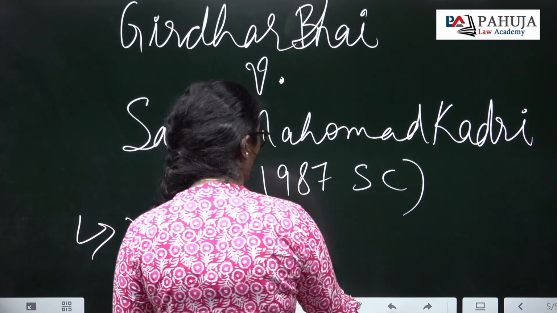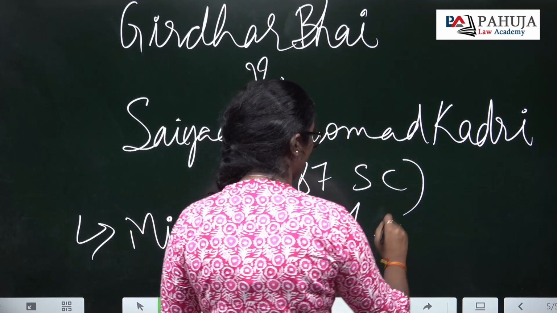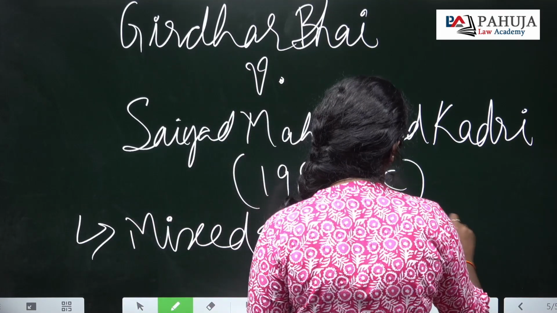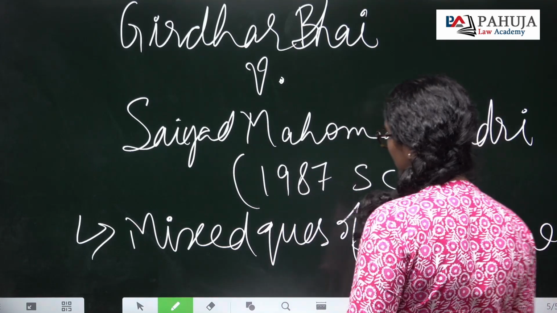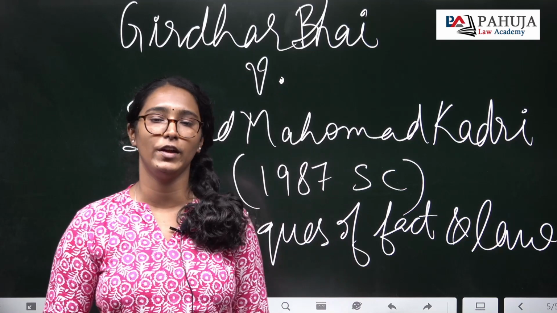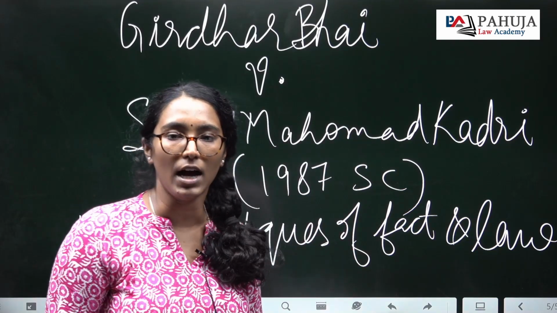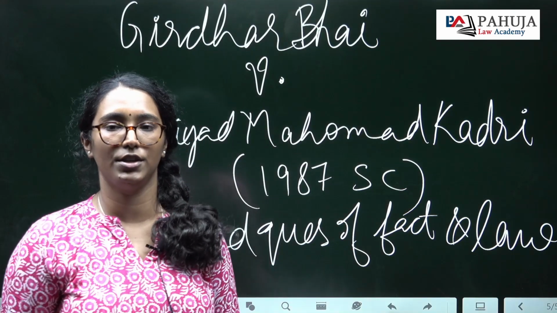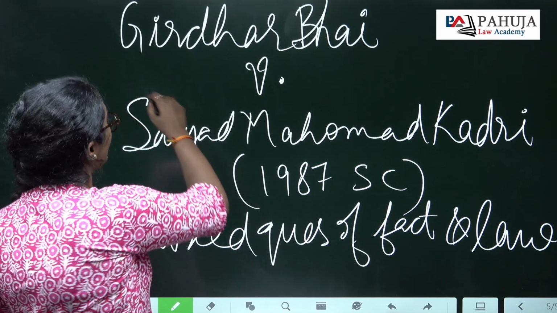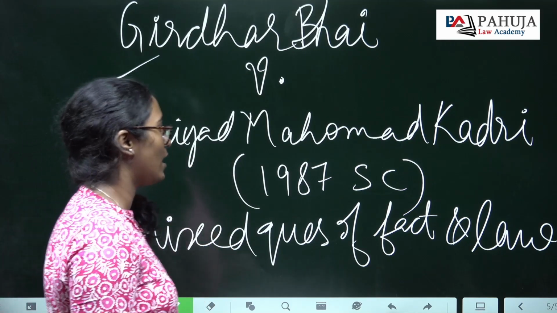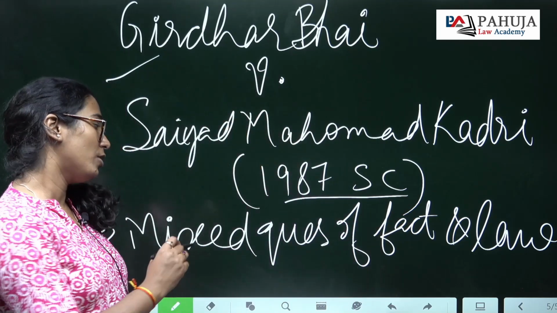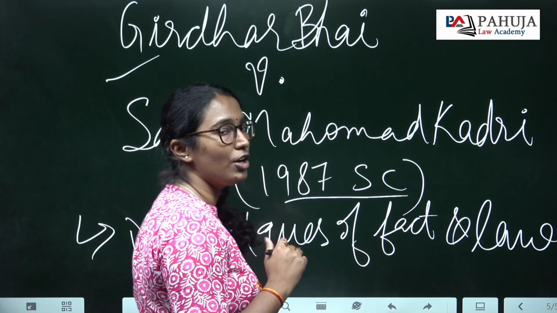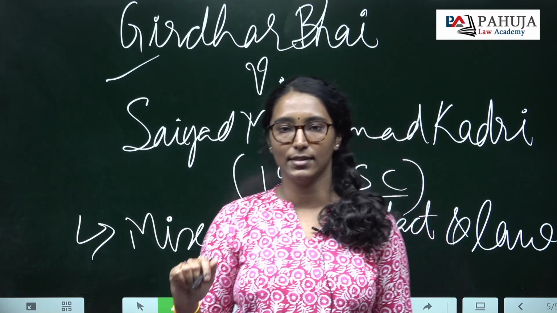It is a mixed question of fact and law, which means that if it is asked whether the existence of a partnership between two people is a question of fact or is it a question of law, then your answer should be that Girdhar Bhai versus Syed Muhammad Qadri, Supreme Court 1987 held that it could be a mixed question of fact or law in certain cases.